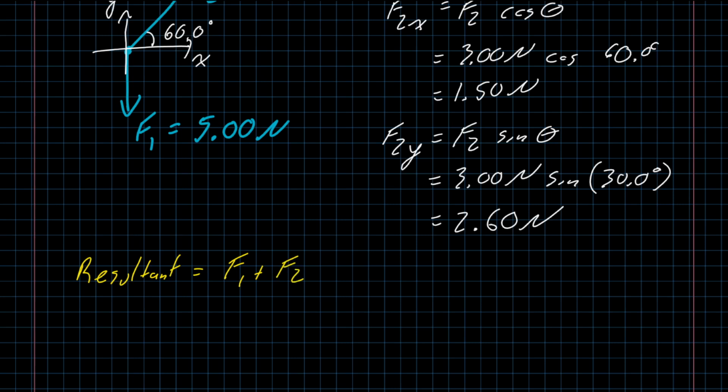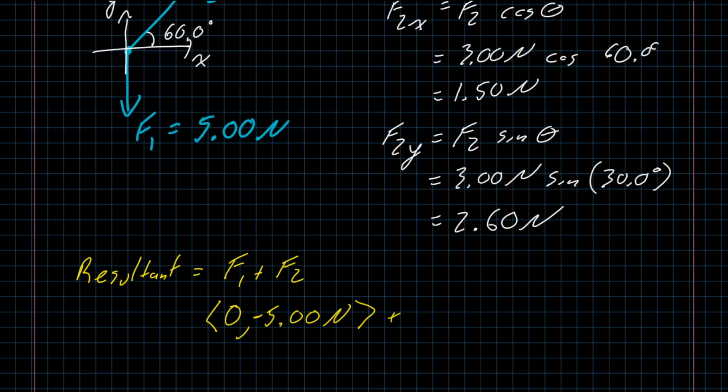Right? A couple of ways I could set this up. I'm going to go ahead and write these in component form. So F1 was along the y-axis. Its x component was 0. Its y component is 5.00 newtons in the downward direction, so we'll make that negative.